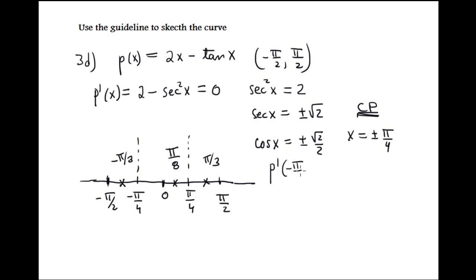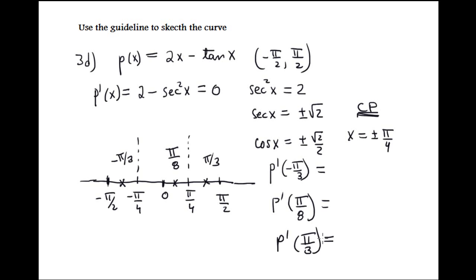Negative pi over 3, pi over 8, and pi over 3. To save time, I want to put directly the sign of the answer.